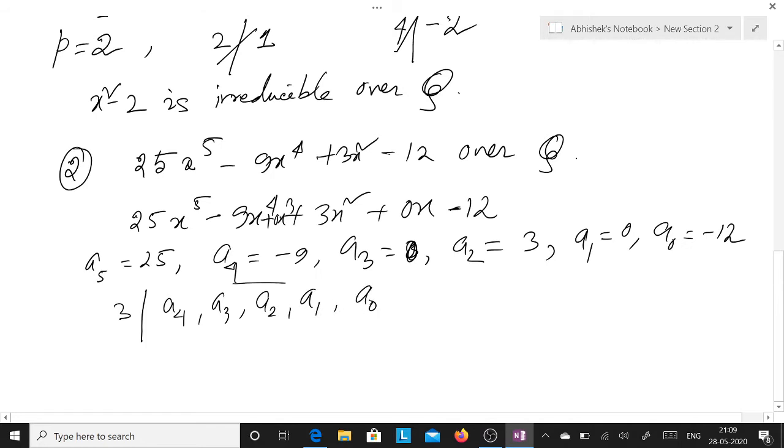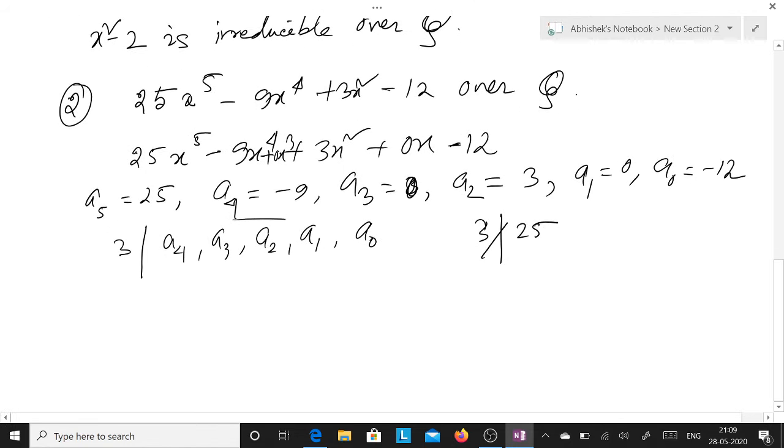So this condition has been satisfied by this prime 3. Now we need to check whether it will divide the leading coefficient or not. In that case, 3 will not divide 25. So the second condition is also satisfied by this prime. The third one is 3 square, that is 9. Now 9 will not divide the constant term minus 12.